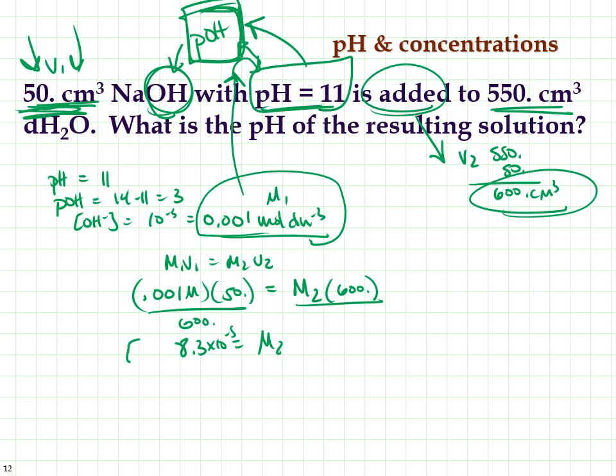This is my hydroxide ion concentration. I can find the pOH if I take the negative log of that hydroxide concentration. The negative log of 8.3 times 10 to the minus 5.